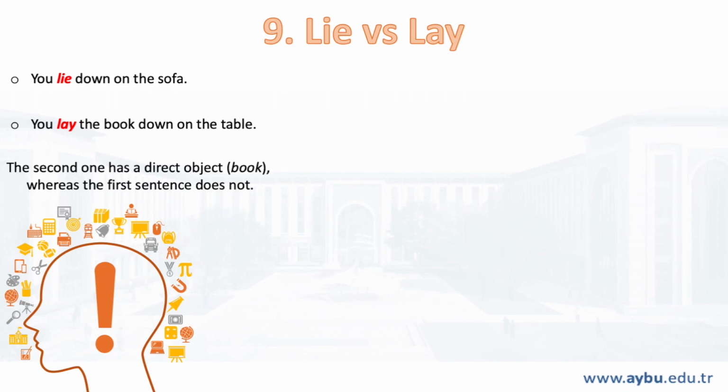The second one has a direct object, like book, but the first sentence doesn't. By the way, lie down means resting, relaxing, but lay is to place something, to leave something somewhere.